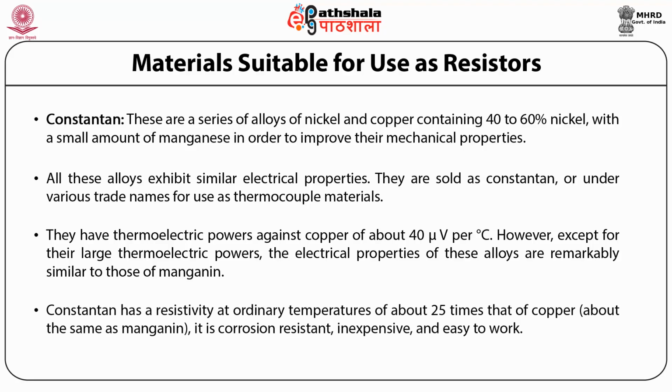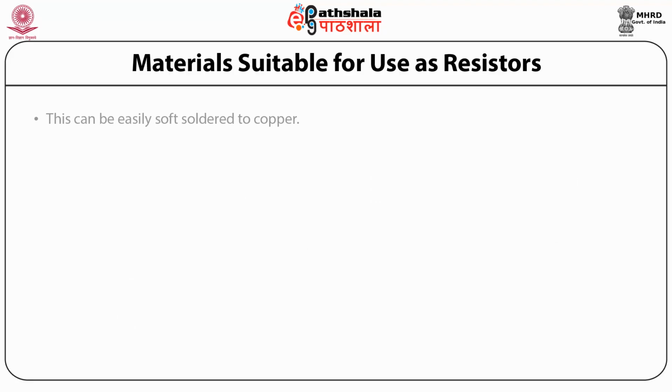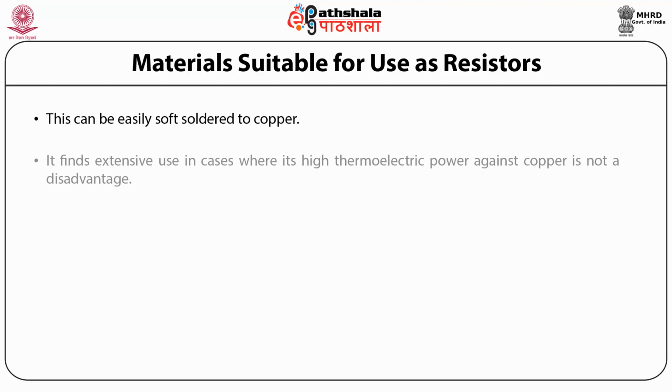Constantan has a resistivity at ordinary temperatures of about 25 times that of copper, which is about the same as manganin. It is corrosion resistant, inexpensive, and easy to work with. This can be easily soft soldered to copper. Constantan finds extensive use in cases where its high thermoelectric power against copper is not a disadvantage.